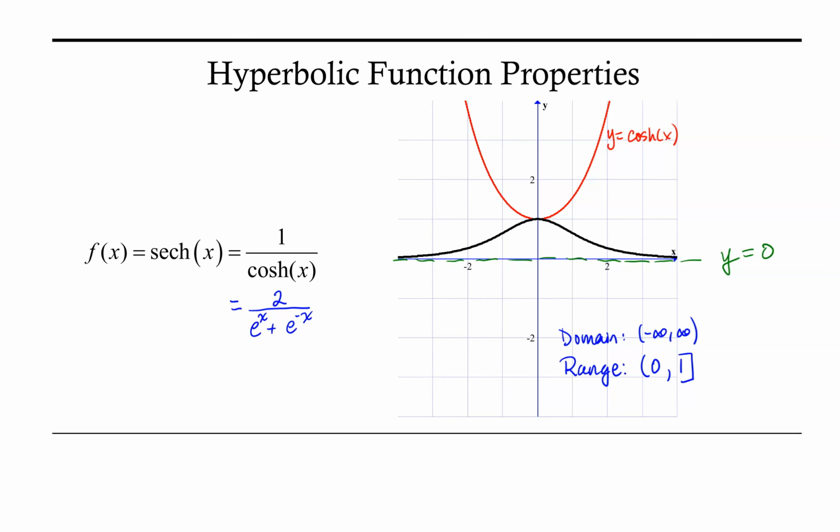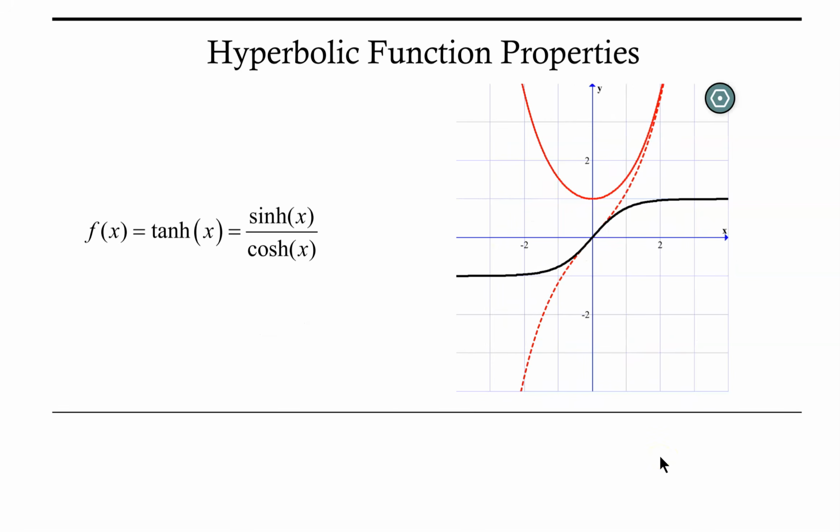For example, when cosh is equal to 2, then sech should be equal to 1/2, or the reciprocal of 2. And we can see that borne out in our graph. Same here when cosh is equal to negative 2. We can see that the reciprocal, which is negative 1/2, is the corresponding point on the other function.